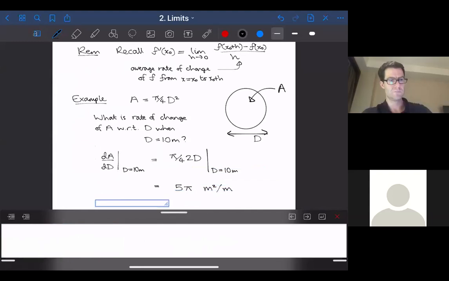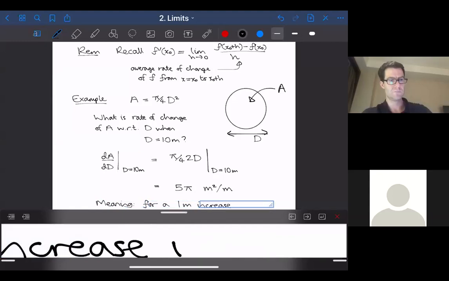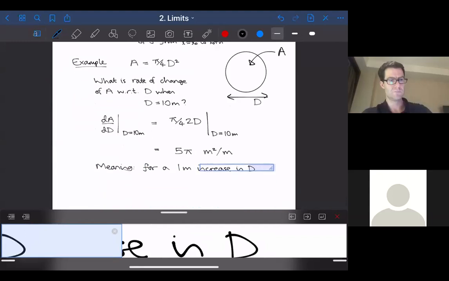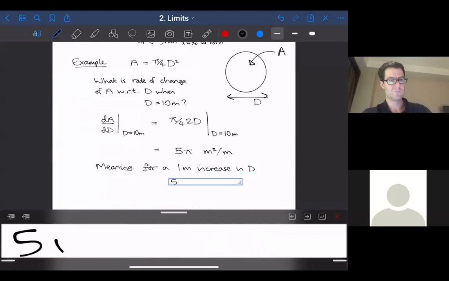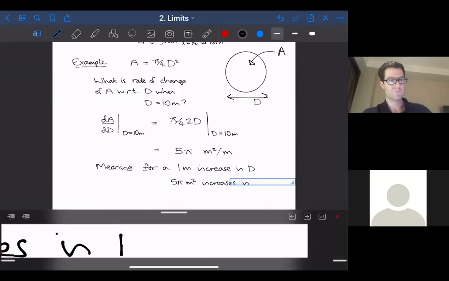So meaning, for every, let's just say for a 1 meter increase in D, we get a 5 pi meter squared increase in A.